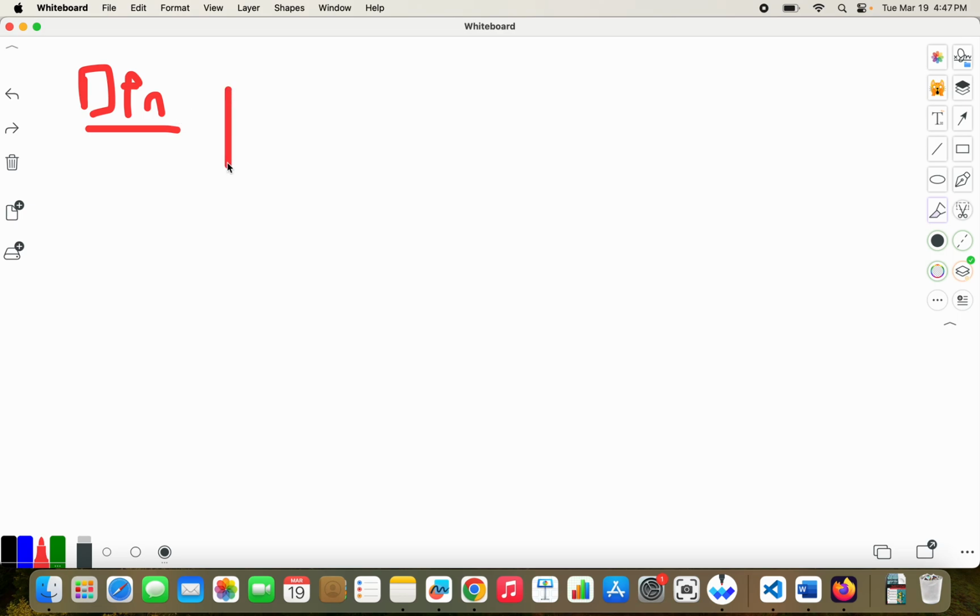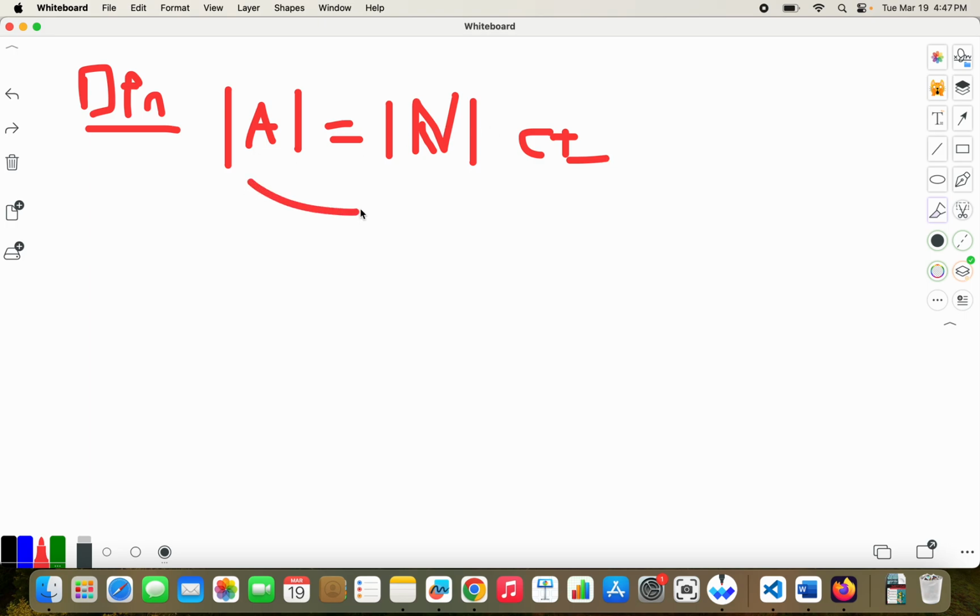So, if the cardinality of A equals the cardinality of the natural numbers, then A is countably infinite. So this is countably infinite. Oh yeah, we're going to get some very interesting theorems after this. But this is countably infinite, okay? Like if they have the same amount of elements. There are many other sets which have the same amount of elements, and by many I mean a couple.